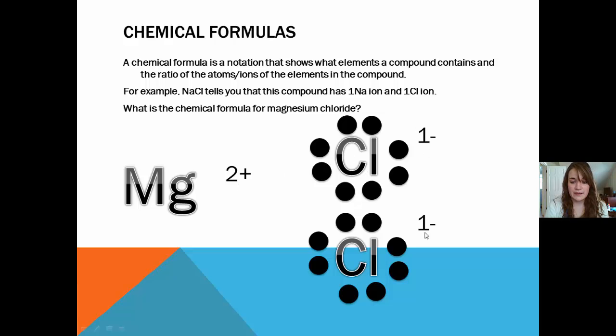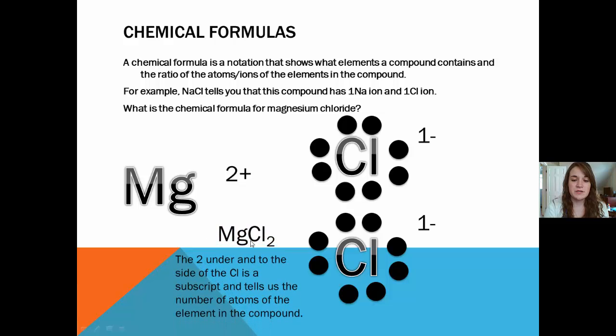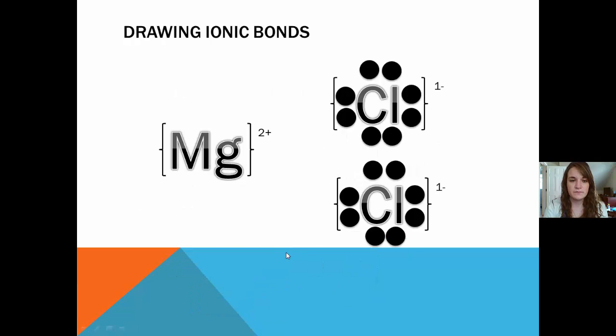Each chlorine atom gained 1, so it becomes 1 minus. So now we look at that, we have 1 magnesium and 2 chlorines. So we would write MgCl2. 1 magnesium, 2 chlorines. So that 2 tells us that there are 2 chlorine atoms in that compound.